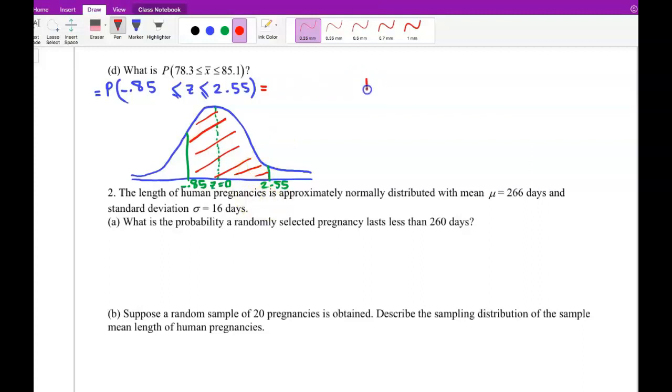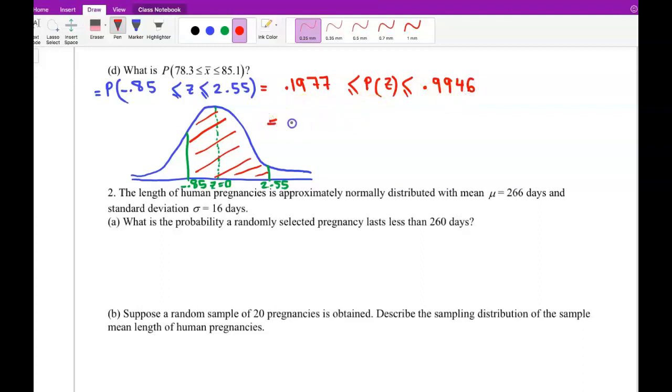Okay, so probability of Z between negative 0.85, we got 0.1977, and for when Z is equal to 2.55, we have 0.9946.